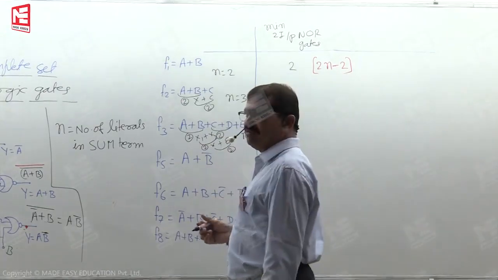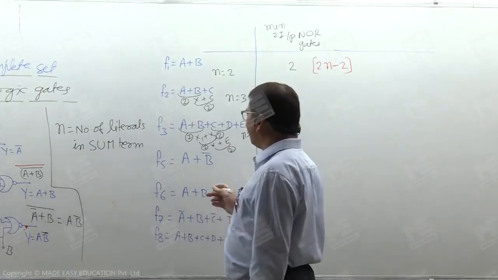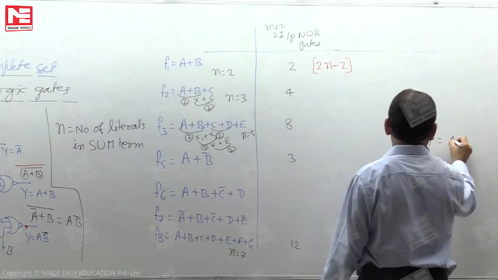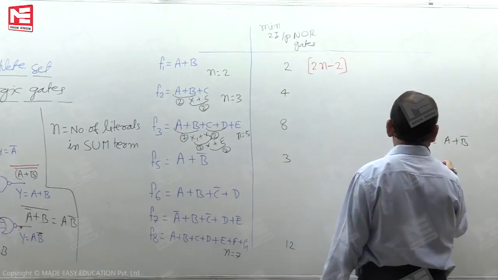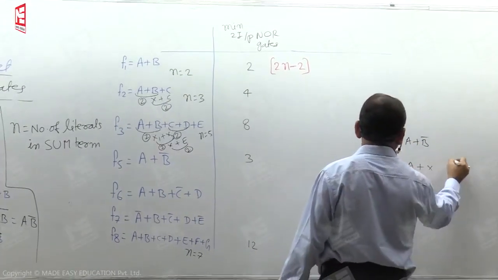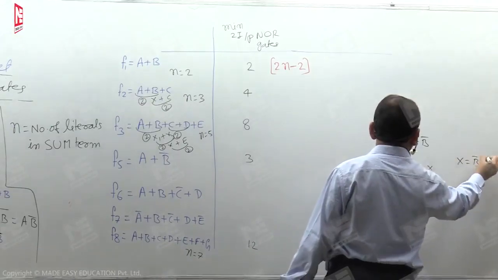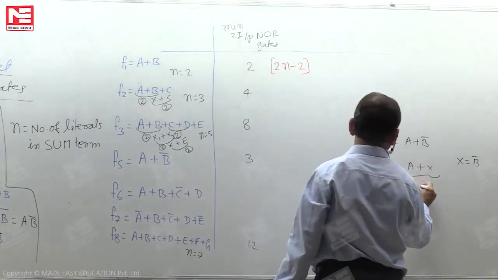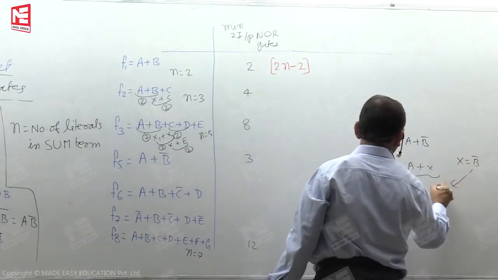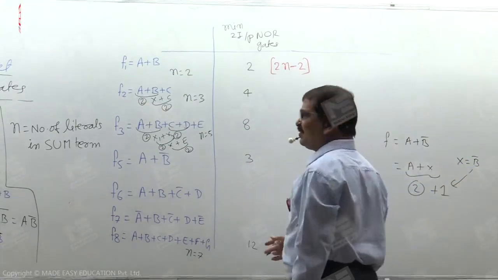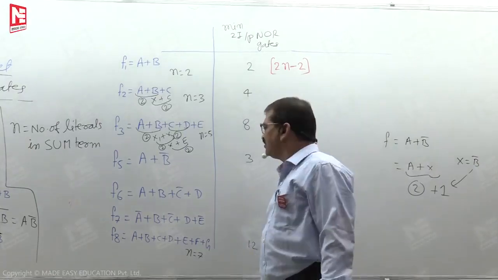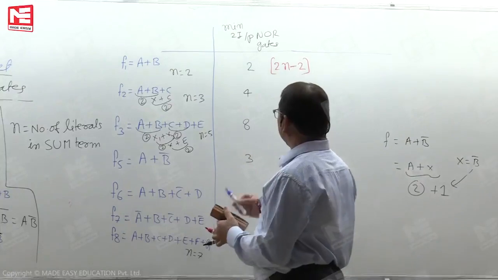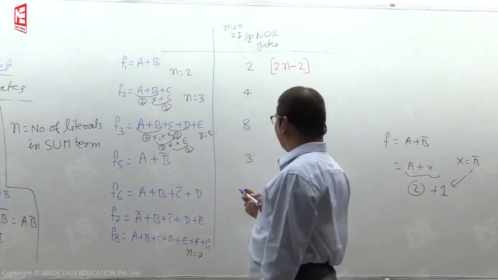So the total number of gates is 3. So A or X, where X is B complement, is similar to F1, so we need 2. But because of this complement, I need 1. So in total we need 3. Hence, you can use the same formula.